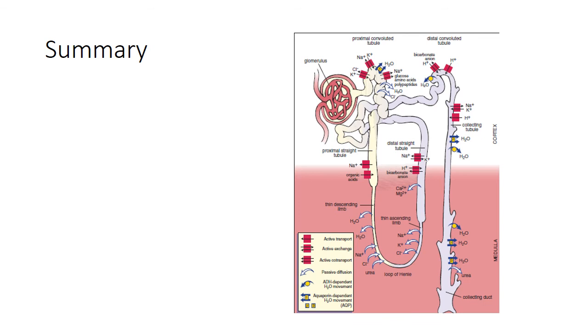Some deal with the absorption of sodium, for example, or potassium, or chloride, or reabsorption of water, removal of waste products, for example urea, removal of urea from the renal interstitium, reabsorption of amino acids. All these processes, whether active or passive, occur continuously in the renal system to maintain the health of our body.